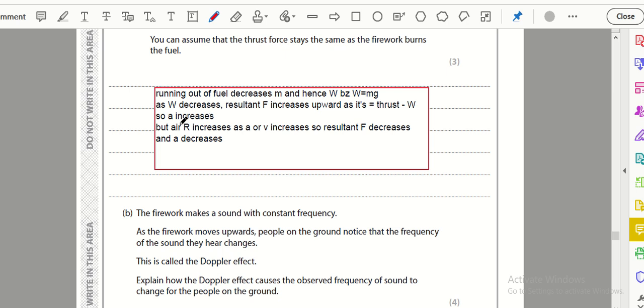But the air resistance increases as acceleration or velocity increases, so the resultant force, which again is the thrust minus weight and air resistance, will decrease when we subtract the weight and the air resistance from the thrust.